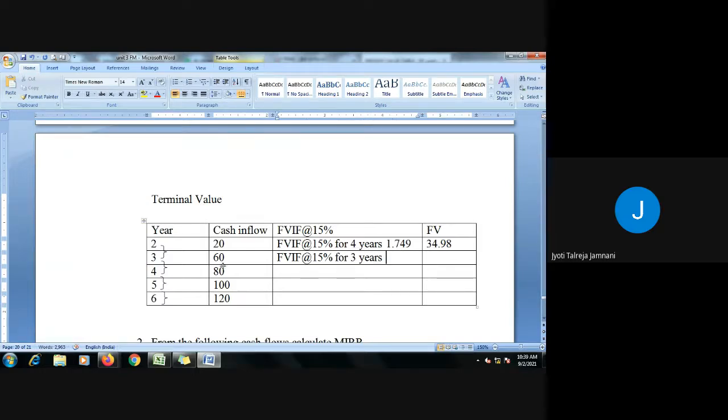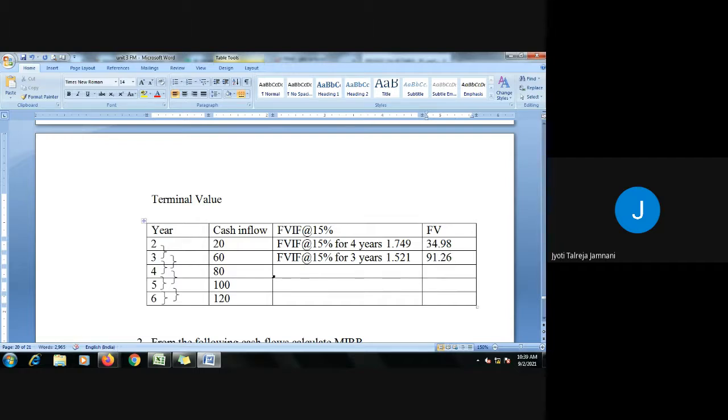Now we are in the third year, so third year to fourth year, fourth year to fifth year, and fifth year to sixth year. So only 3 years. For 3 years the value is 1.521, and if you multiply 60 into 1.521, you get 91.26.